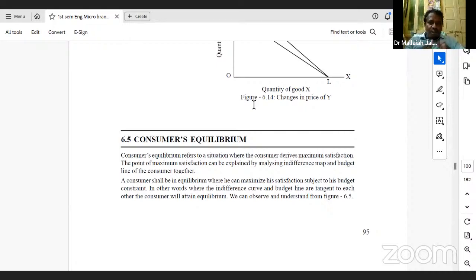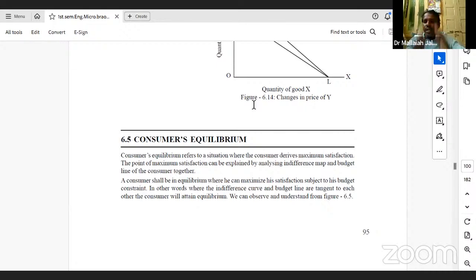So here, consumer's equilibrium refers to the situation where the consumer derives the maximum level of satisfaction. From that point of view, the satisfaction can be explained with the help of the indifference curve.